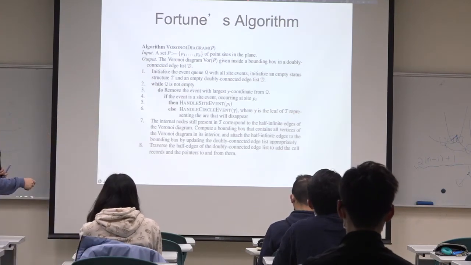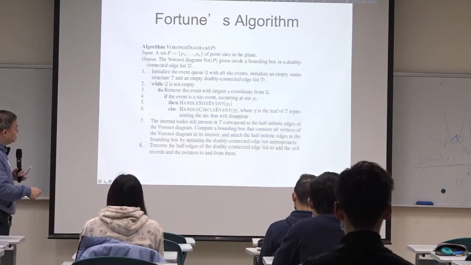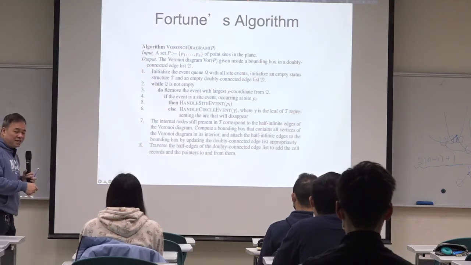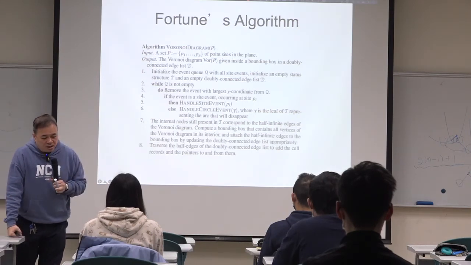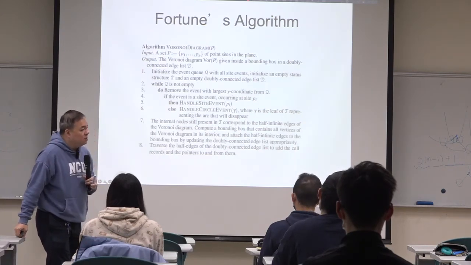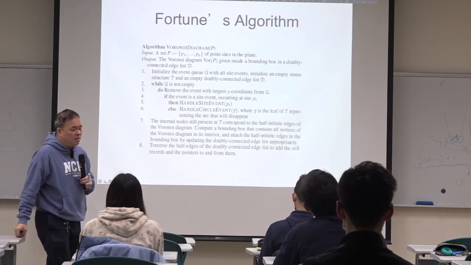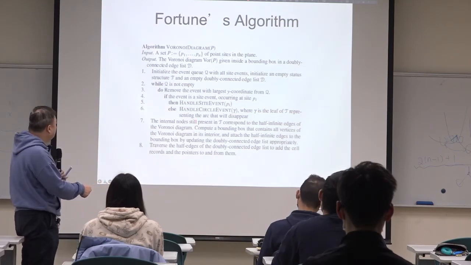For every circle event, we deal with the removal of an arc from the tree T. After that we also need to mark certain arcs as no longer active, so that later on when those circle events appear, we know which ones have to be skipped. So that's pretty much about it.